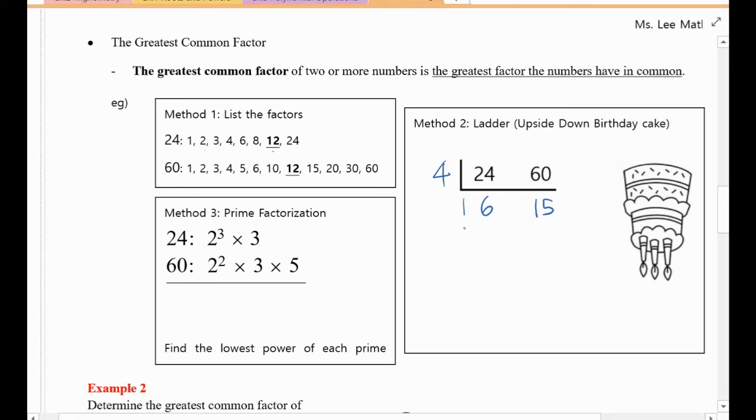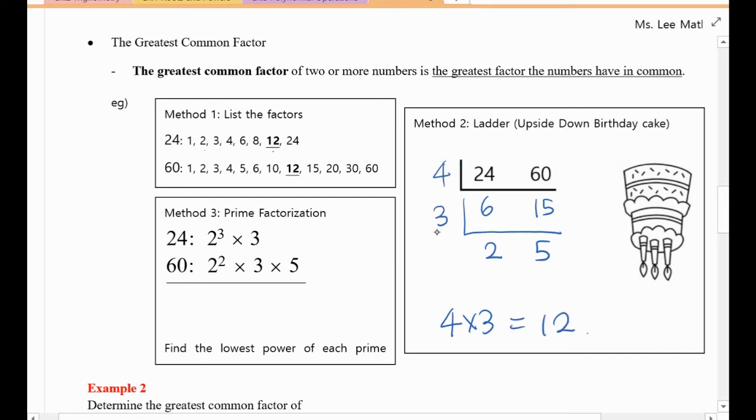After that, I'm going to divide both numbers by 3. It becomes 2 and 5. Can you find any other common factor that divides 2 and 5? No. That's it. We should stop here. We cannot find any more numbers. So we have 4 and 3, and you multiply 4 and 3, and that becomes 12.